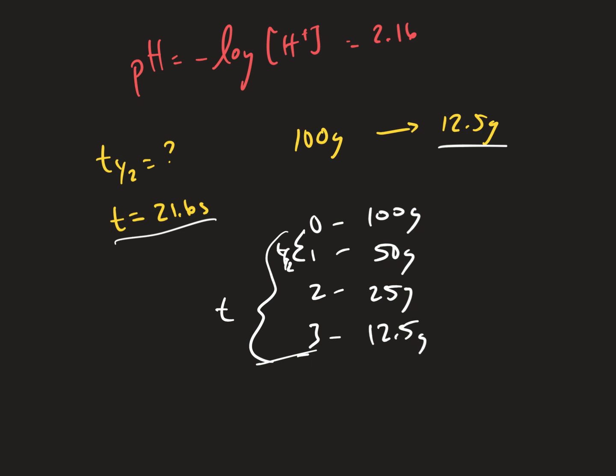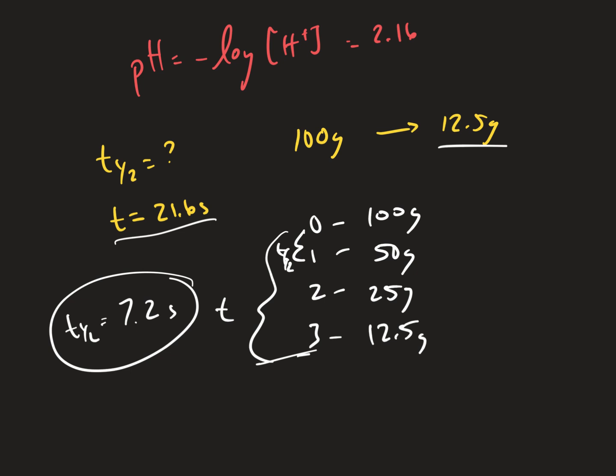Does that make sense? So 21.6 divided by 3, 7.2 seconds, right? Does that make sense to everybody?